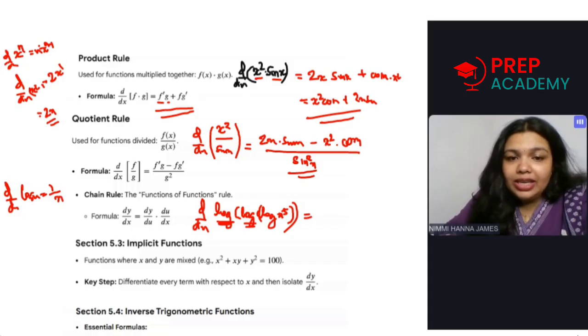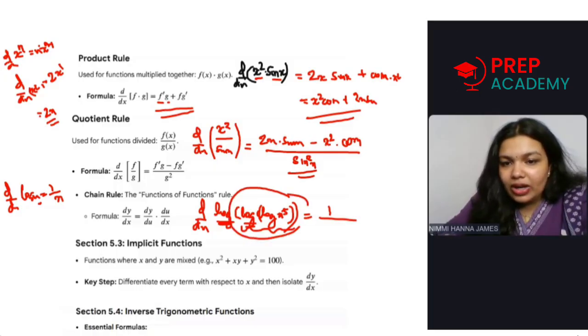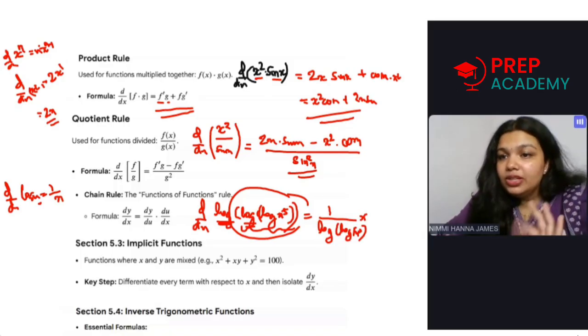But here we don't have log x, we have log, and in the place of x we have this big complex function. So we substitute, 1 by log x raised to 5. Then multiply, that is what we mean by chain rule.